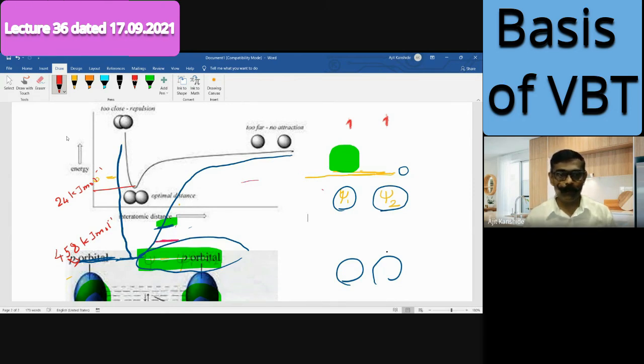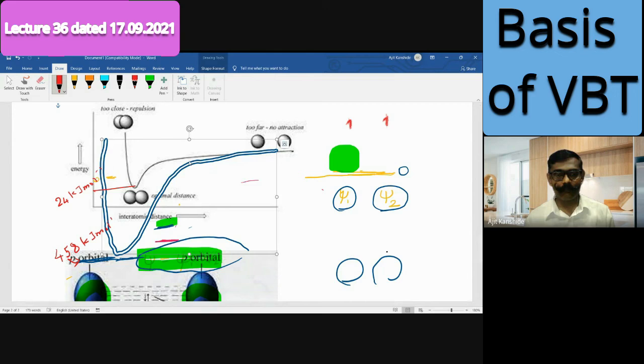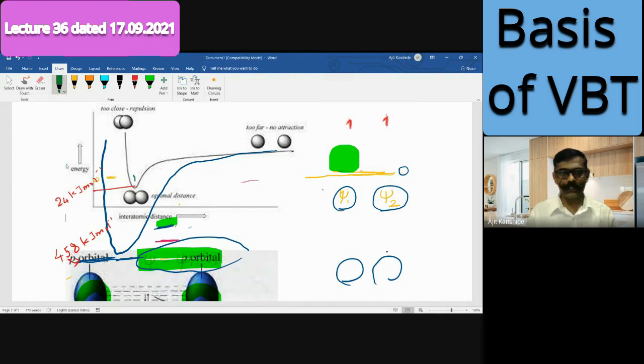And if you look at the internuclear distance, there is also a difference. If you see the internuclear distance, let me choose the other pen. Here at this position, the internuclear distance was found to be 0.9 angstrom, which means 9.1 nanometer.